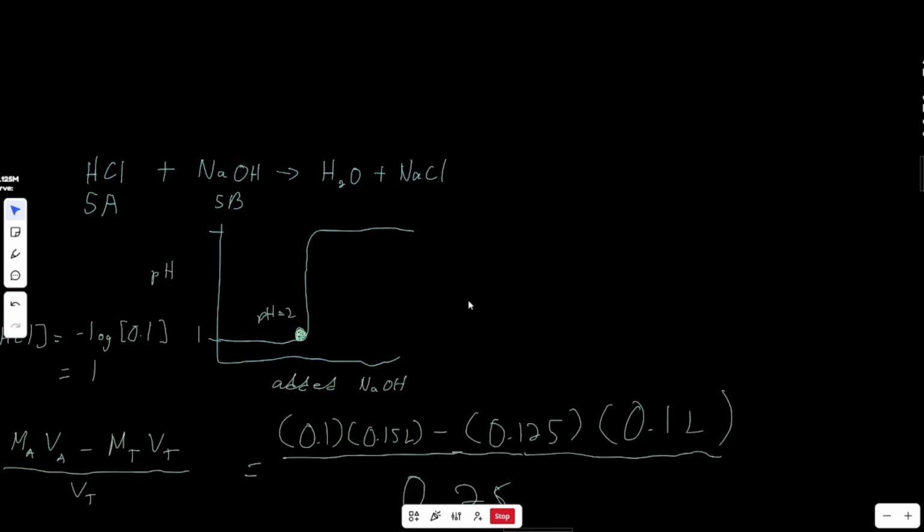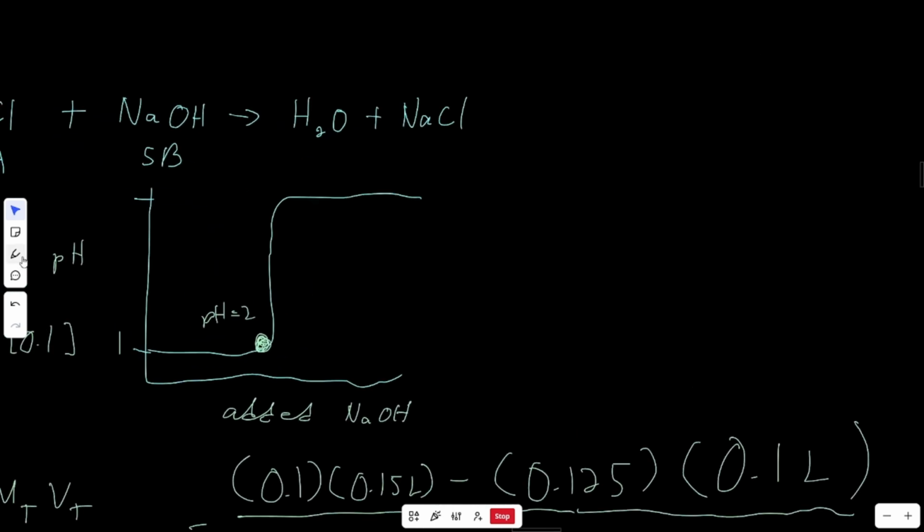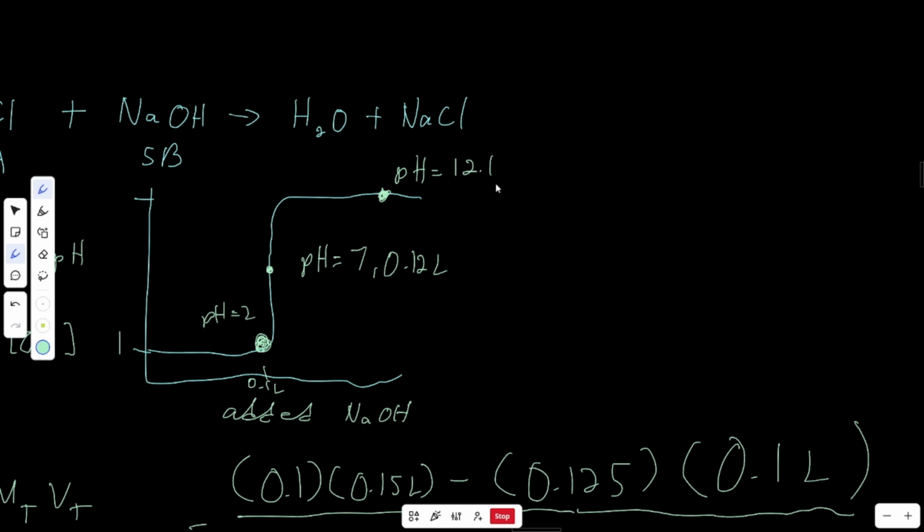So now we can plot our points. So here you can see that this is 0.1 liter. Right here, pH equals 7. And this is like 0.12 liters. And here, when we're more than halfway through, somewhere around here, our pH is equal to 12.1.